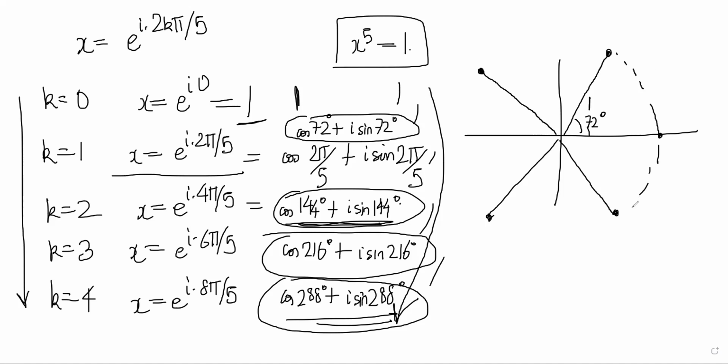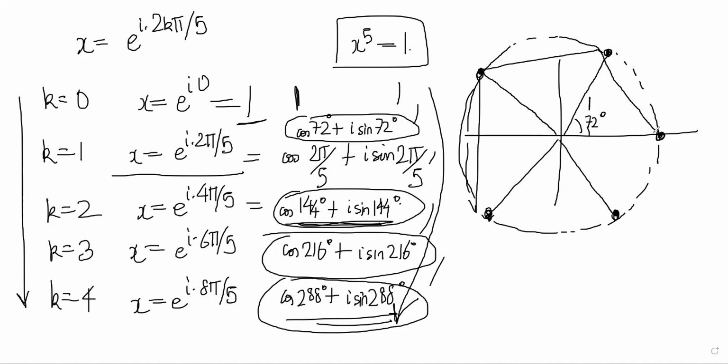And notice that if you draw a circle with radius 1, with the origin as the center, all 5 roots lie on the vertices of a regular pentagon. Why is it a regular pentagon? Because between any 2 roots, this chord is subtending 72 degrees here, right?